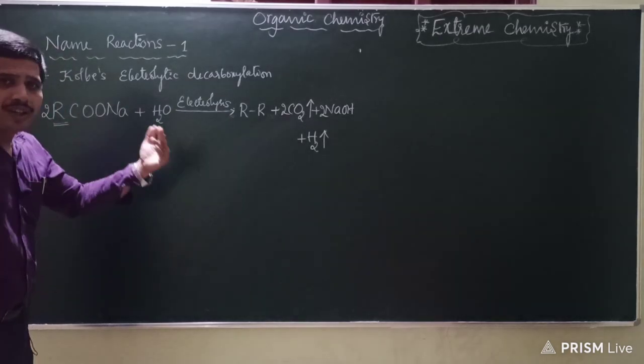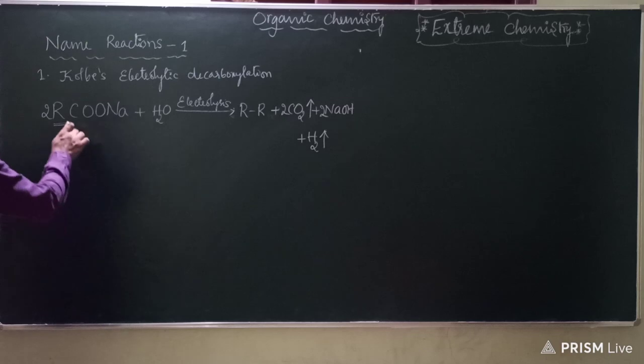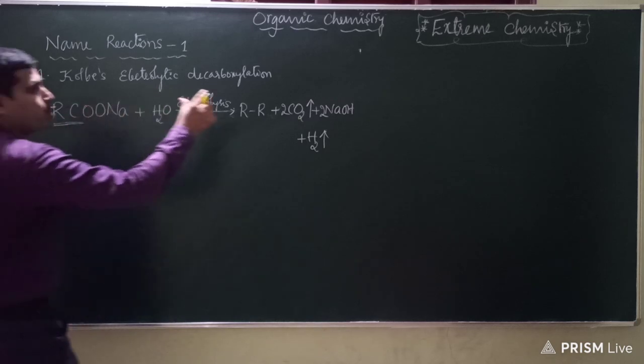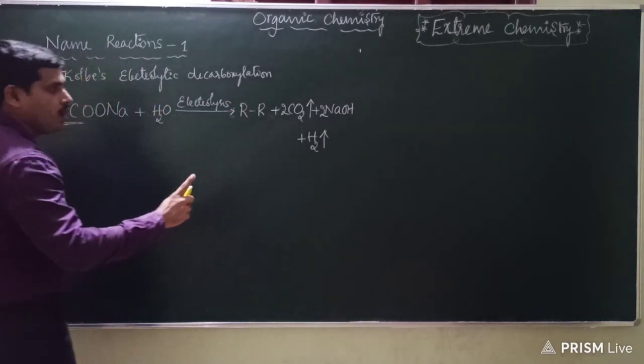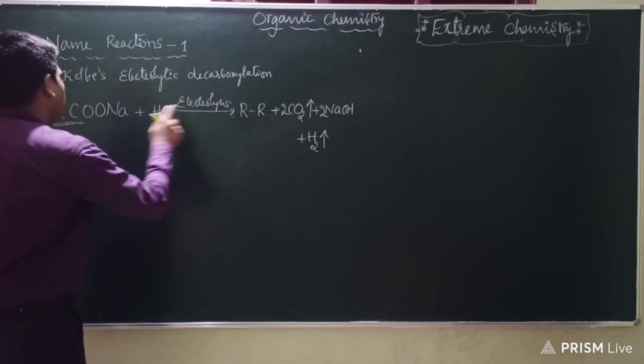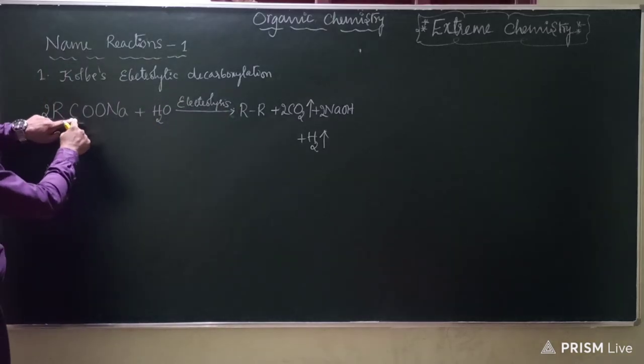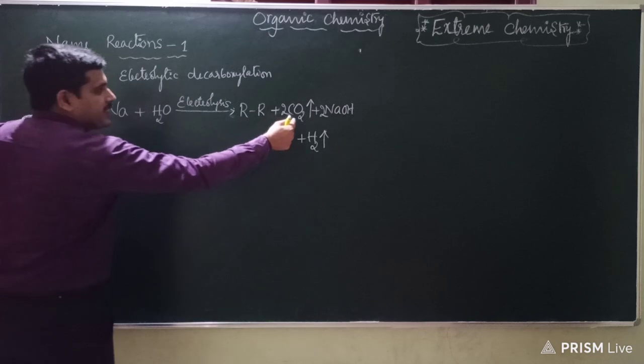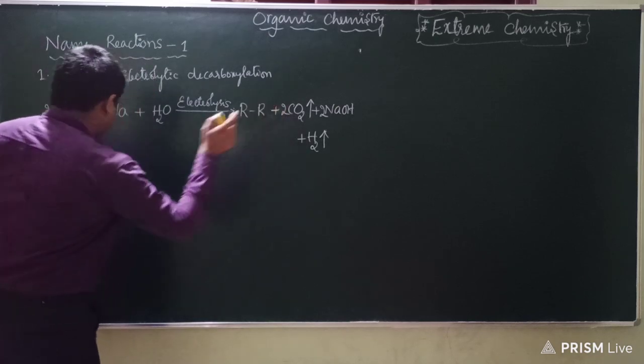In what way can you generalize this statement? If you take n carbon atoms including the carboxylic carbon atom in the sodium salt of the acid, then the obtained alkane will have 2 times (n minus 1) carbon atoms. The carboxylic carbon is not there in the alkane because it is removed as carbon dioxide.